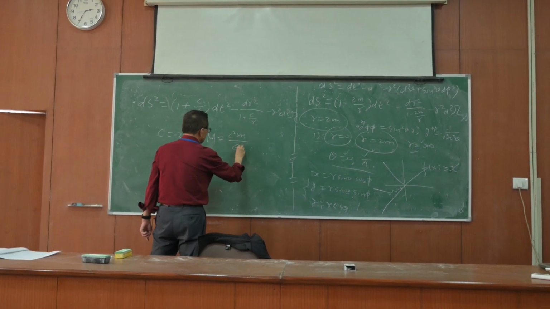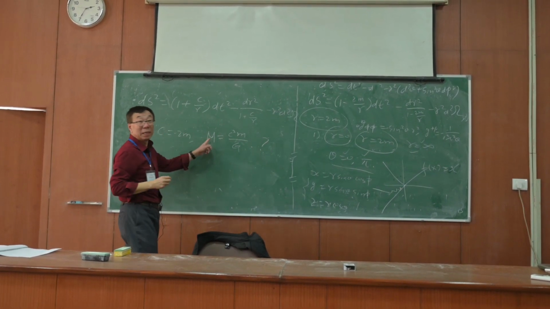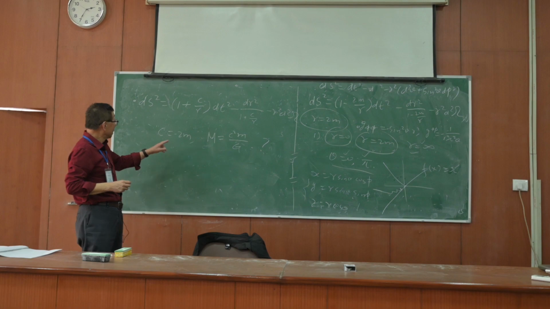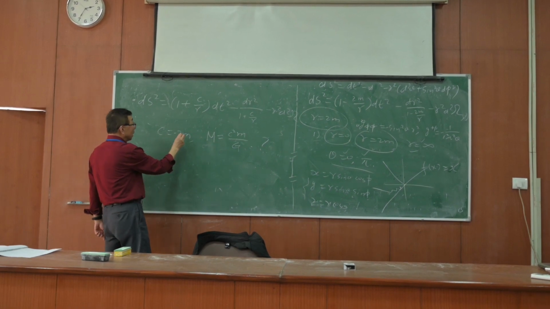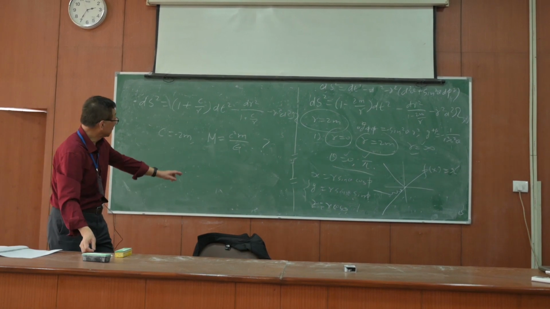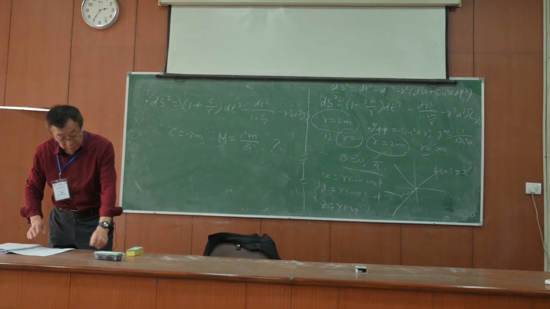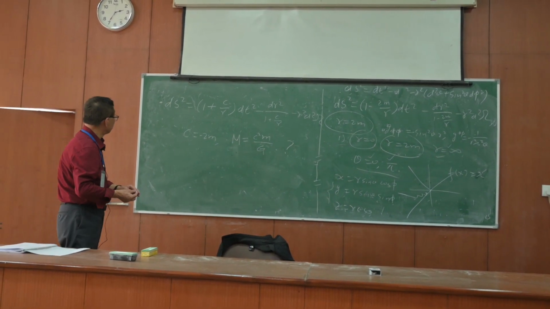How do we know this is the mass? This 2m is related to the small m. I think I didn't do the Newtonian approximation.